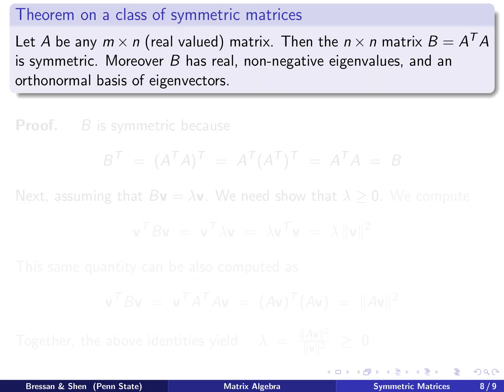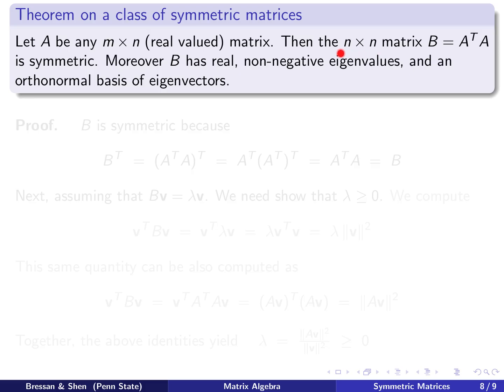We now focus our attention on a special class of symmetric matrices, which has applications later on. We will discuss that. So now let A be a real valued matrix of any size, so m by n. This is not necessarily a square matrix. Then I can make a square matrix out of it.